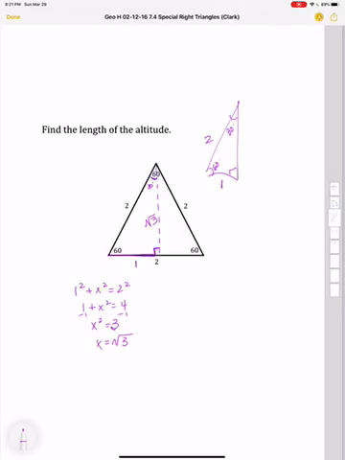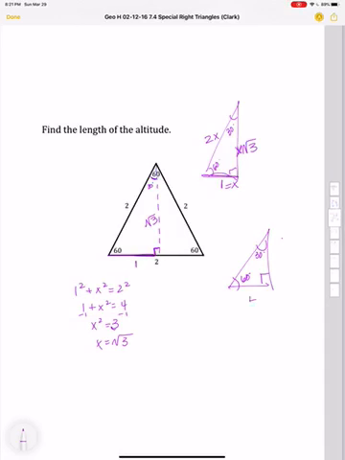Okay, so if the height is the square root of 3, let's see if we can find a relationship here. If this was x, this is 2 times x, and this is x times the square root of 3. So what I'm saying is, let's say you're given a triangle, and you know that it's a 30, 60, 90, and across from the 30 degrees is always the smallest side.